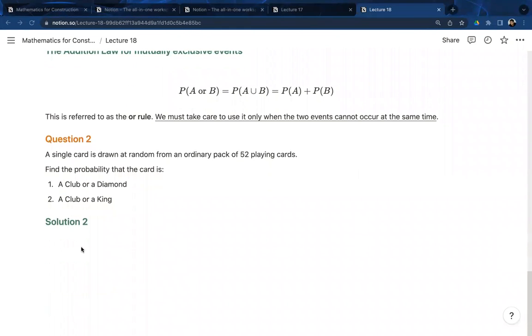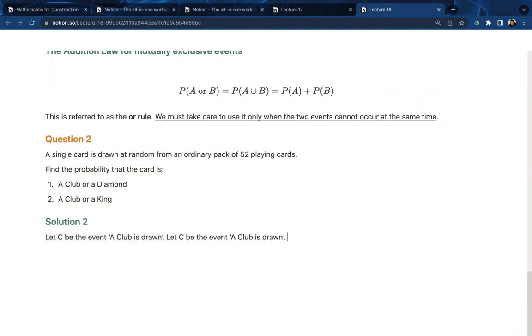So what I'll do, I'll create some notation in the question, right? So let C be the event, in quotes, a club is drawn. And we could copy this.